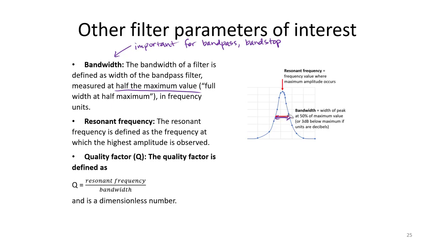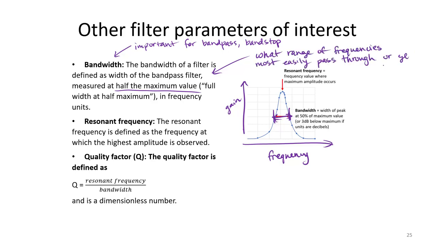So if our filter had the behavior shown in this curve, where this was our amplitude ratio or gain on the y-axis and frequency on the x-axis, bandwidth basically defines what range of frequencies most easily pass through. So bandwidth tells us what frequencies most easily pass through the bandpass, or what frequencies get blocked by the bandstop filter.